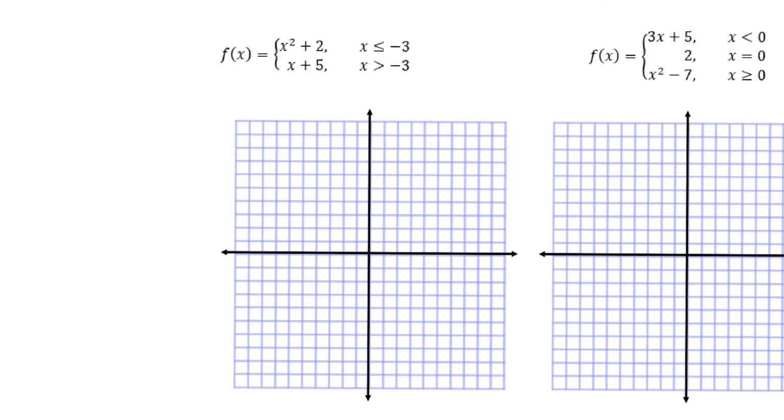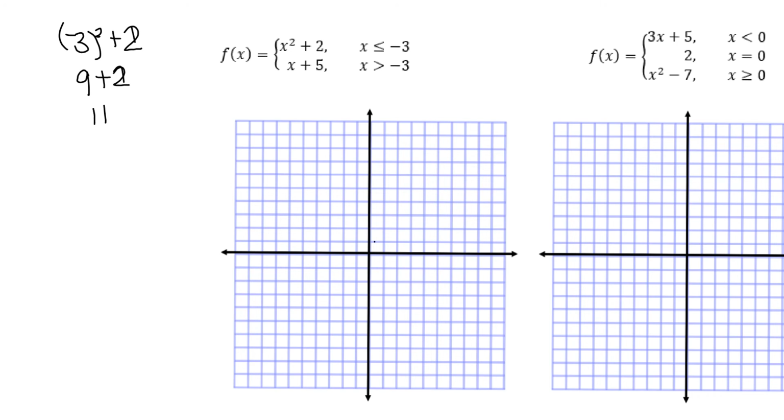You always plug in that number in your inequality into both functions to start off your graph. So I'm going to plug in negative 3 squared plus 2. Negative 3 squared is 9, so 9 plus 2, and we get 11. So I need the point negative 3, 11.